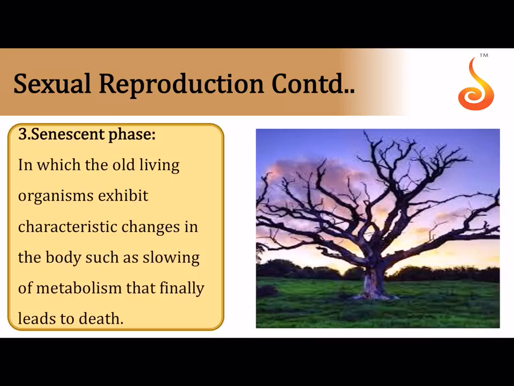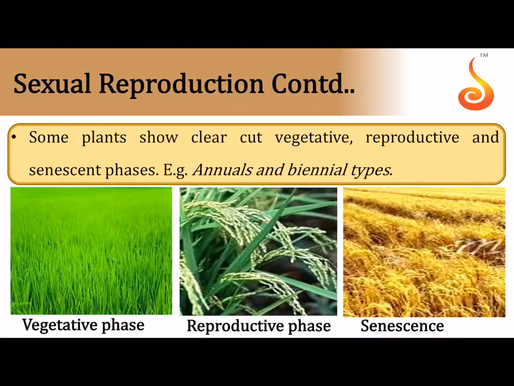And then finally the tree dies down, because the old age is associated with the body slowing down. Metabolism slows down, and ultimately there is death. This phase of life which culminates in death is called the senescent phase.